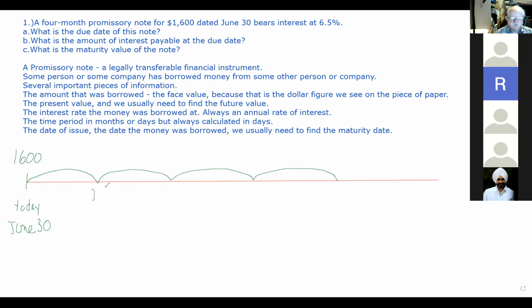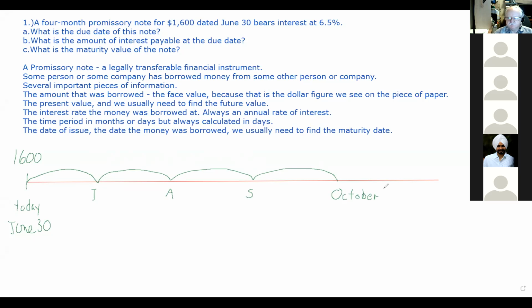So June, July, August, September, October, and whatever date we started on, that's the date we're going to land on every month. So this would be July 30th, August 30th, September 30th, October 30th.